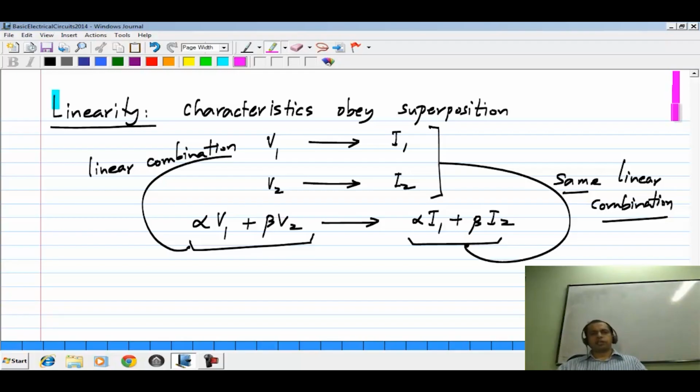If you have certain excitations and certain responses, if the response is proportional to the excitation, it is linear. Or in other words, if excitation 1 gives you response 1, excitation 2 gives you response 2, then a linear combination of these two excitations should give the same linear combination of the two corresponding responses. So if this is not clear, it will be clear immediately after we discuss examples.